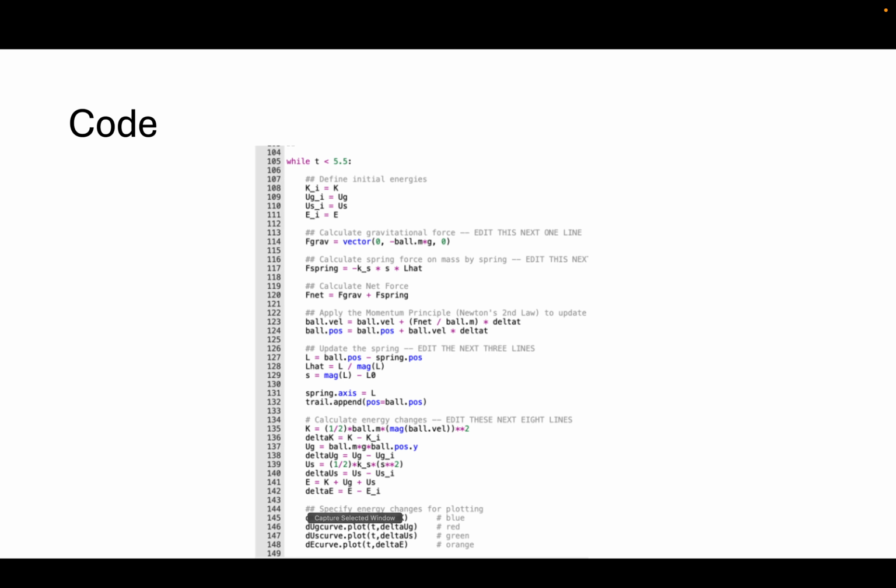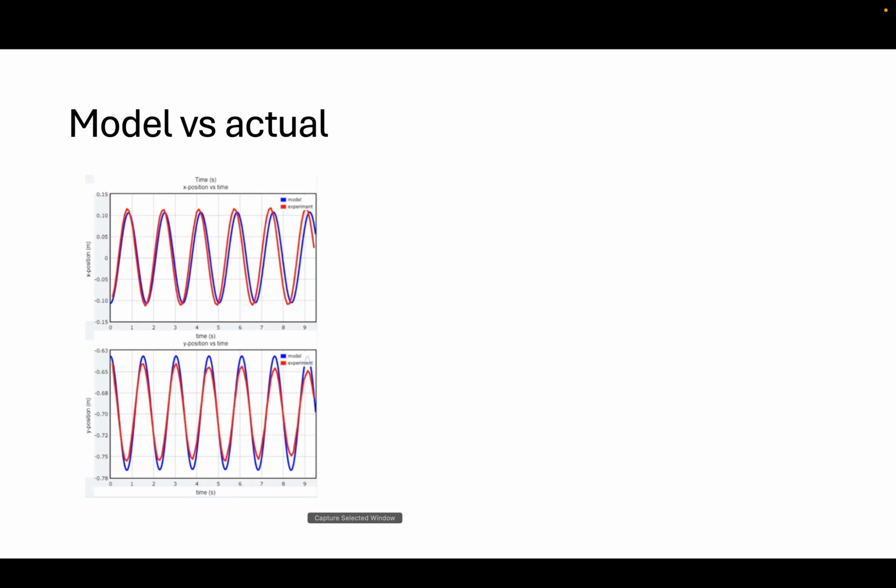So we have ball velocity and then ball position, and then updating the spring. So that's kind of what we did before, just now in the calculation loop. And then finally calculating the energy changes. So K, delta K, UG, delta UG, US, delta US, and then E and delta E. That's change in energy, and that's actually what we want to look at.